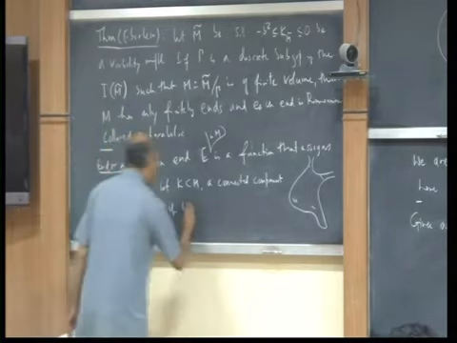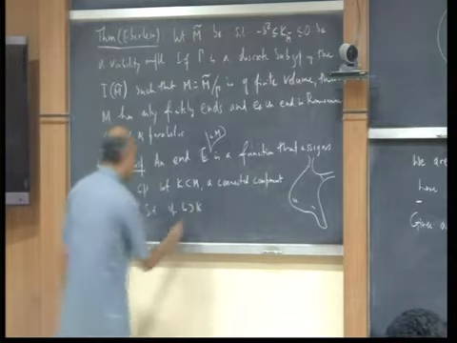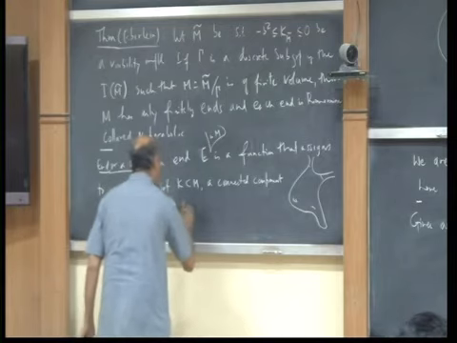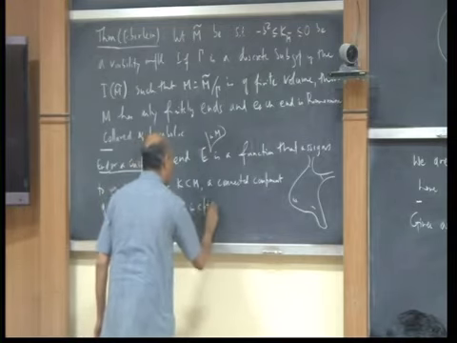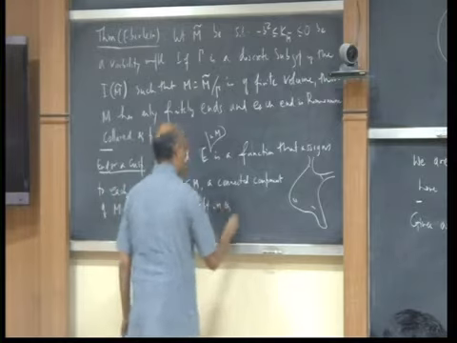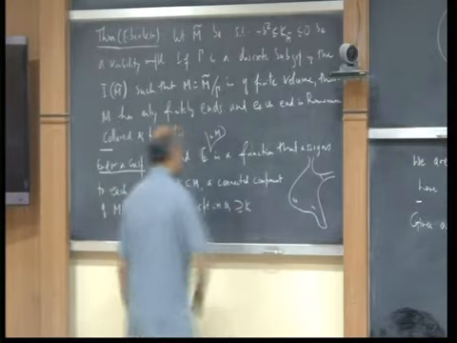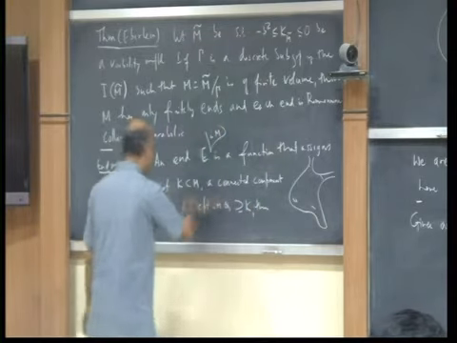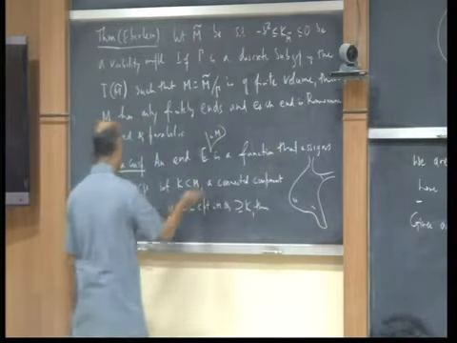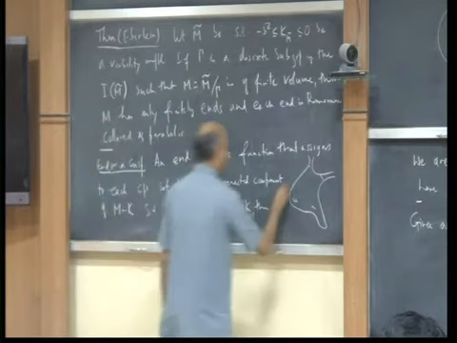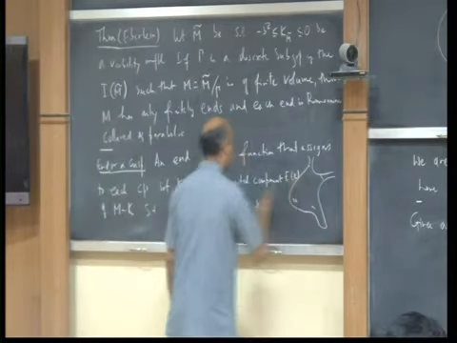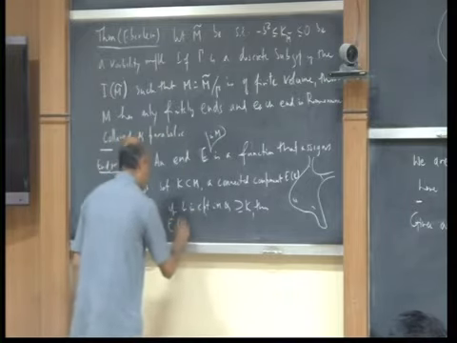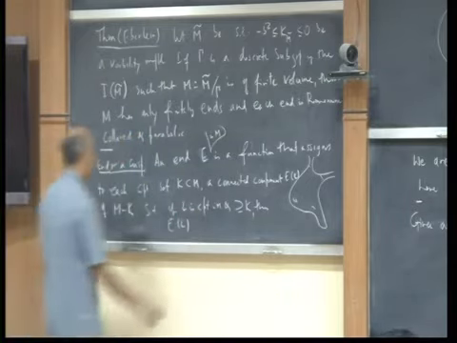If L contains K, L is compact in M and contains K, then for each compact set, it gives a connected component. I can say E of K. So for this compact set also I have E of L. And how does E of L compare with E of K?